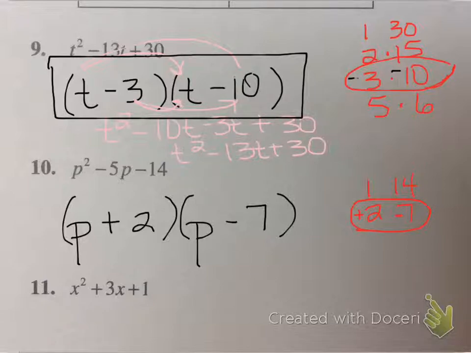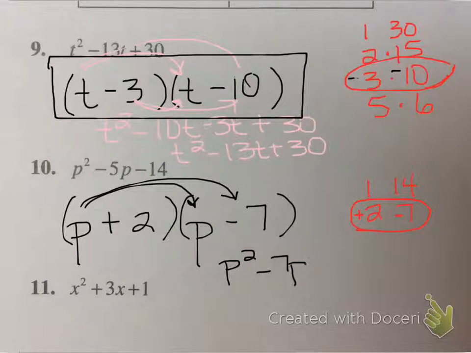So if we do our check step real quick, I get p times p, which is p squared. I would get my outers: p times negative 7 would be negative 7p. My inners would be 2p.